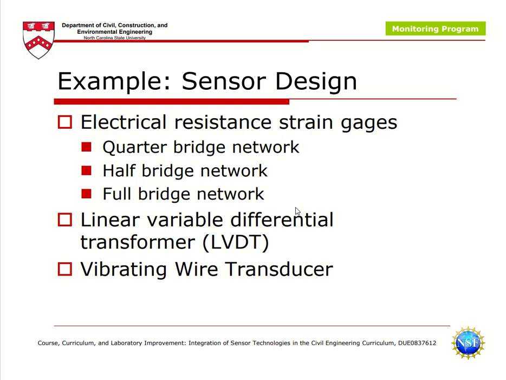I have to identify that, right? The same case applies in the LVDT as well. LVDT stands for linear variable differential transformer. It is a displacement measurement device, a very popular one. And then vibrating wire transducers as well. You have to identify that.